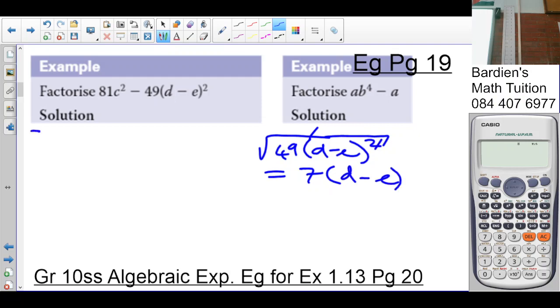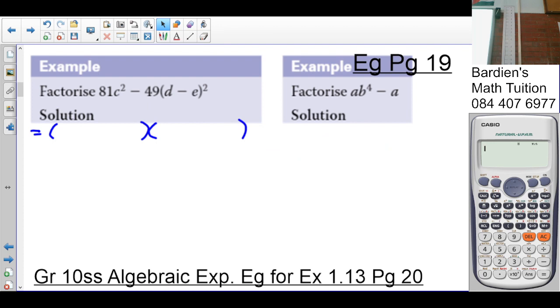So with that in mind, the square root of 81c squared is 9c, one plus and one minus. The square root of 49 is going to be 7 into the square root of d minus e squared. This is d minus e. It's going to be d minus e.